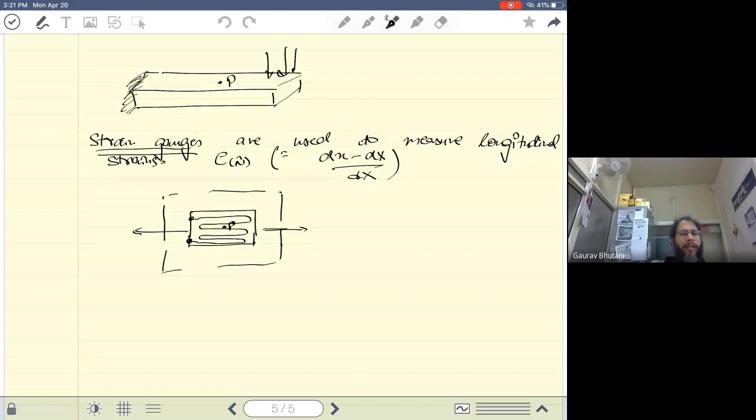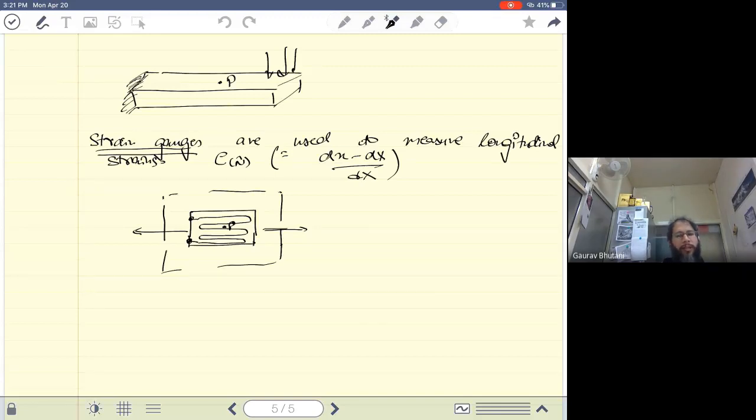But you can use any electronics idea to find out the change in resistance. And you already have a calibrated chart available to you, which tells you the corresponding elongation and the corresponding change in resistance of this strain gauge.